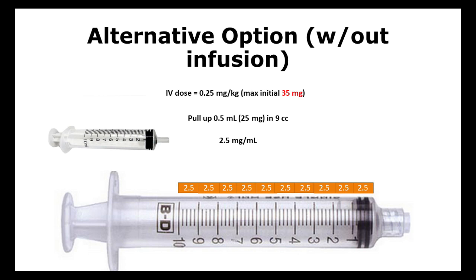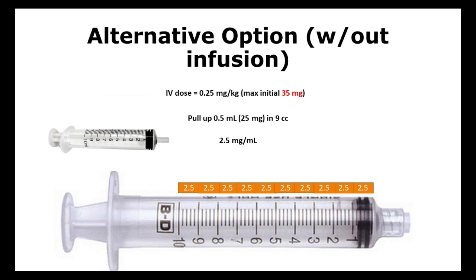To make the math simple, it is using a 10 cc syringe and pulling up 0.5 mLs. All right. Your max initial dose is 35 milligrams. Okay. So if I'm pulling up 0.5 mLs, then I'm pulling up 25 milligrams.